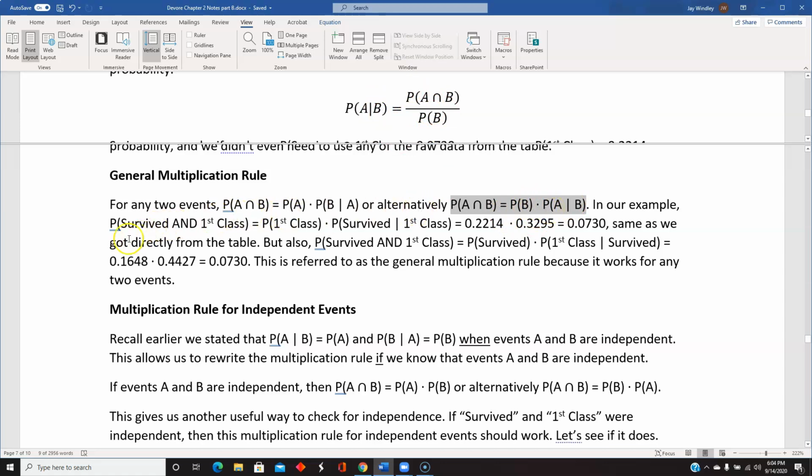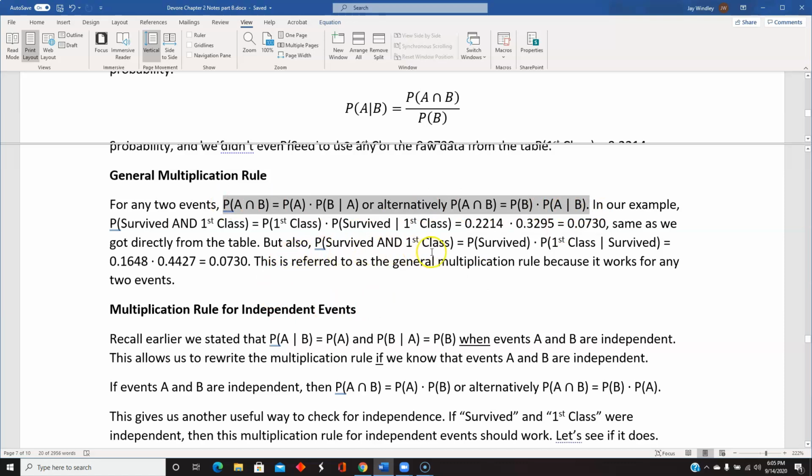So suppose you wanted to know the probability that someone survived and they're in first class. All you do is multiply the probability that they're in first class times the probability that they survived, given that they're in first class. We know both of those probabilities, so we multiply them and we get this 0.07 number, which should look very familiar, for the probability of survived and first class. But you could also do this the other way around, which is why this multiplication rule is written two different ways.